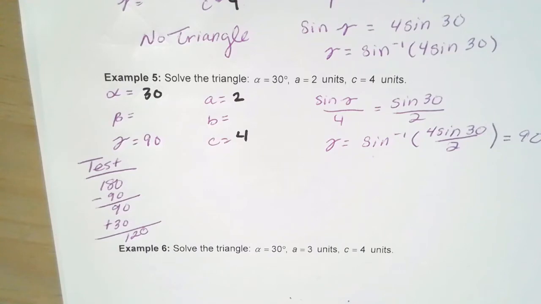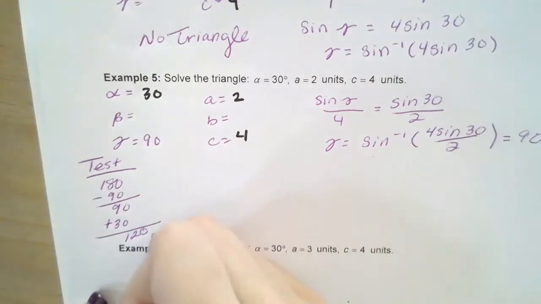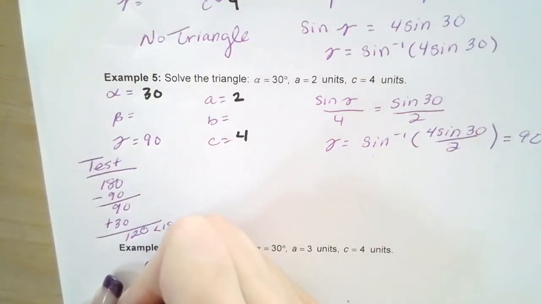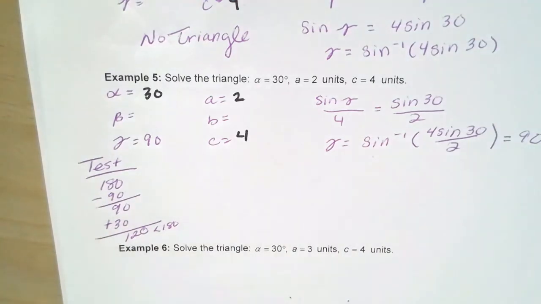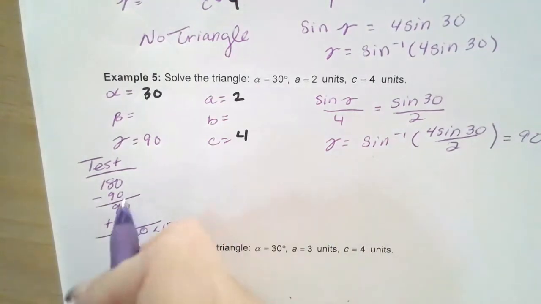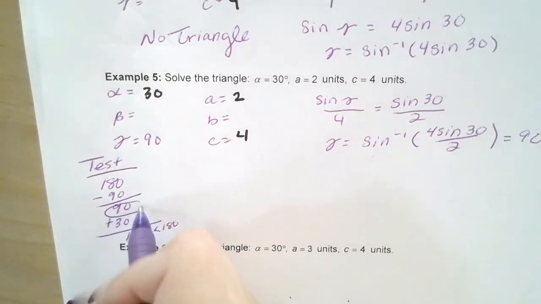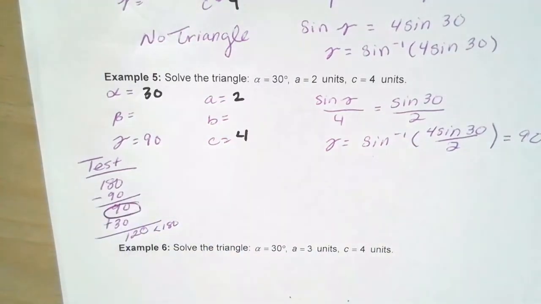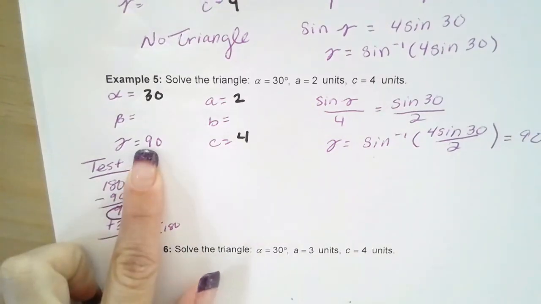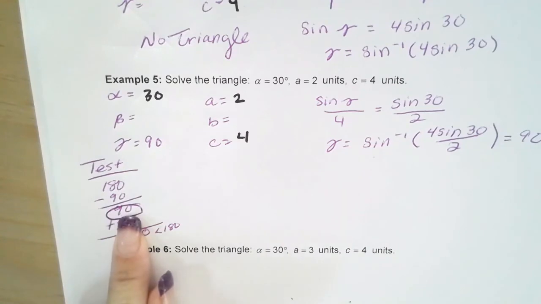Now when there are 2 triangles, because this is less than 180, the new triangle's gamma would be the subtraction of 180 and that angle. But wait a second. The gamma before was 90, and the new gamma is 90. Those are the same thing.